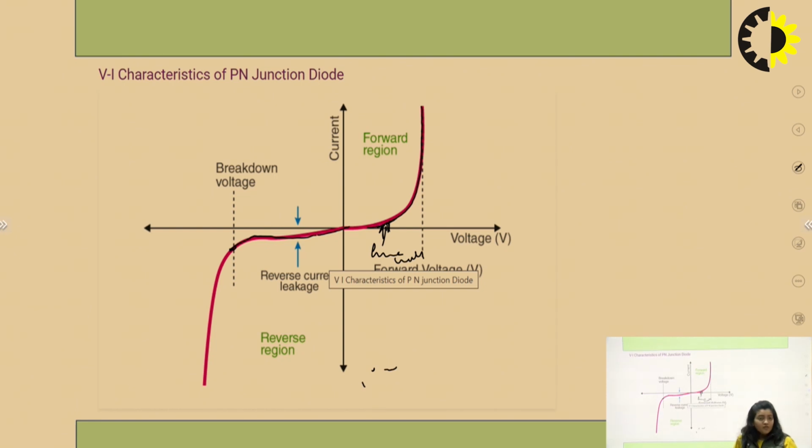There are some diodes which work in breakdown, like the Zener diode, which works in the breakdown region because it is manufactured that way. But in a normal PN diode, if you apply more and more voltage, it will burn. It is called a breakdown.